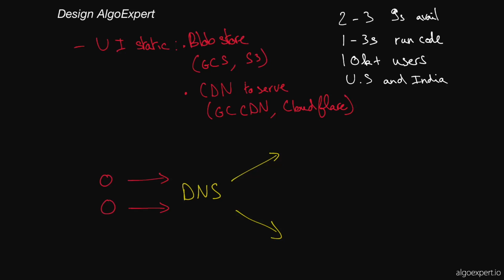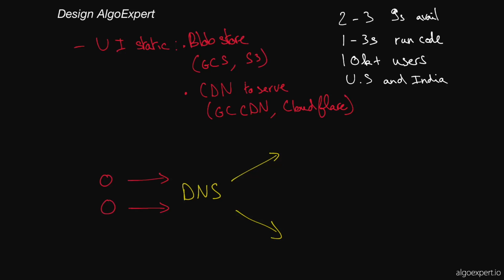Because if you take a step back and look at AlgoExpert, there are a lot of seemingly isolated services, and you can correct me if you think this is a bad direction, but the code execution engine, for example, is very different from the payment service. They should not influence each other. So I'm basically thinking of doing some kind of path-based load balancing at the regional level, depending on the type of API call that you're making.